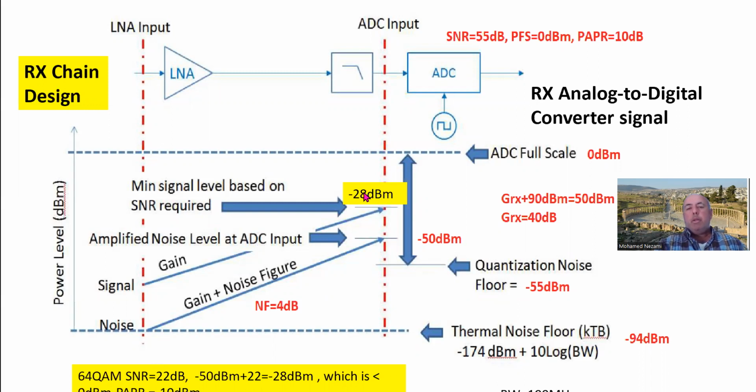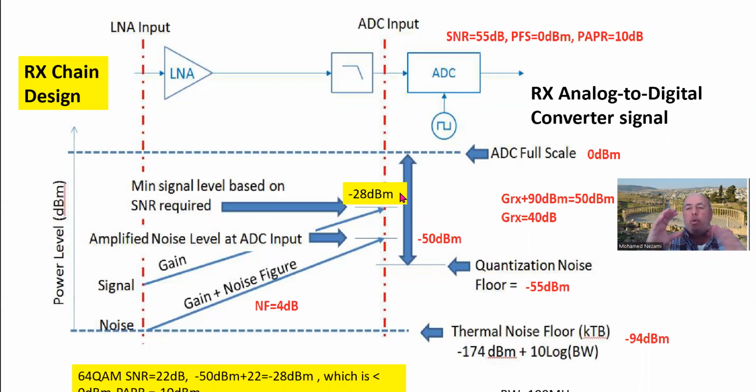So this now, minus 28 dBm at the ADC, that's basically where my signal is going to be sitting if your signal is at the minimum level, which is 22 dB above the noise background reduced by the noise figure. So now you look at this, minus 28 and the full scale is 0.